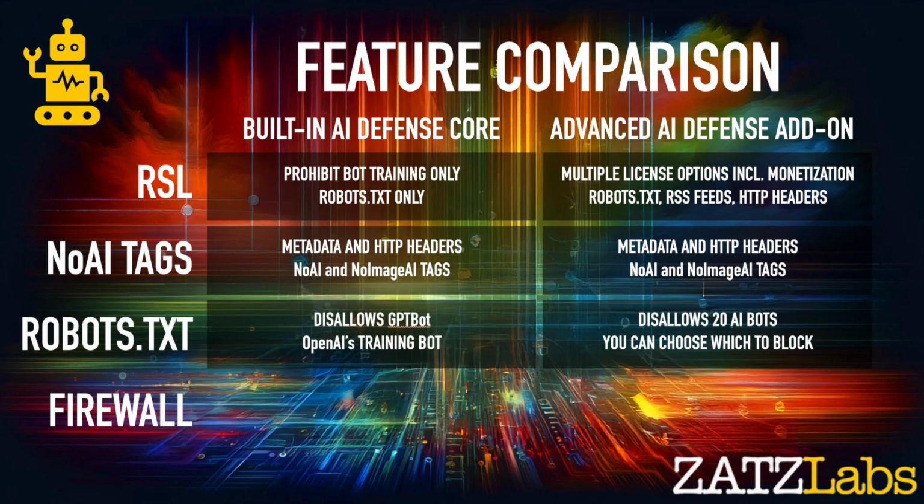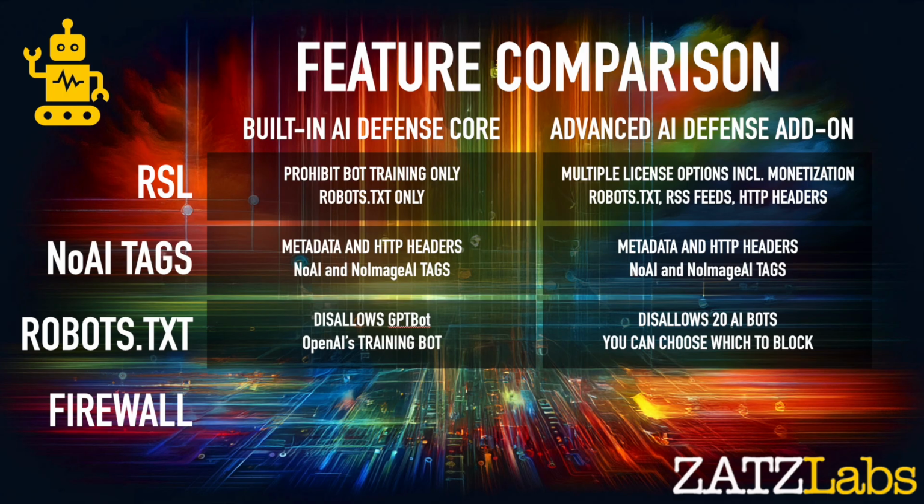both. In robots.txt, we will allow the OpenAI GPT bot, which is OpenAI's training bot, and it's disallowed in the core version of my private site, whereas in the Advanced AI Defense add-on, there's 20 AI bots you can choose from, and you can turn them all on and block all of them.